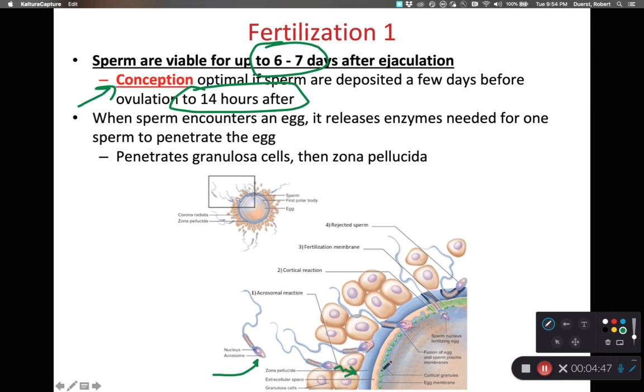And then once they get through the granulosa cells, there's this membrane known as the zona pellucida that the sperm also needs to burrow and digest its way through, until finally we have the fusion of the sperm with the egg, and the sperm nucleus can be released into the egg to fertilize the egg.